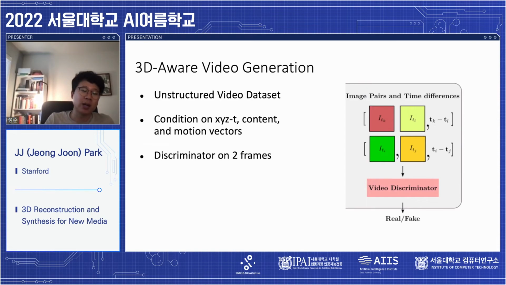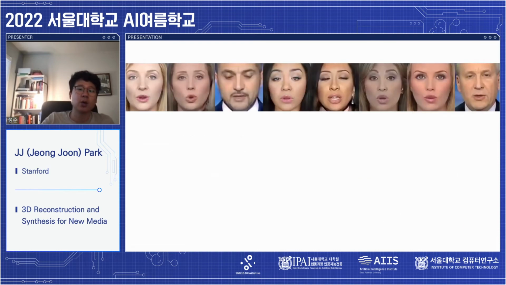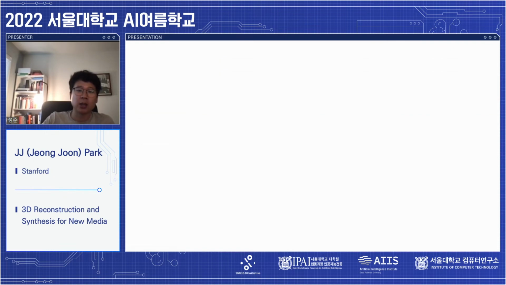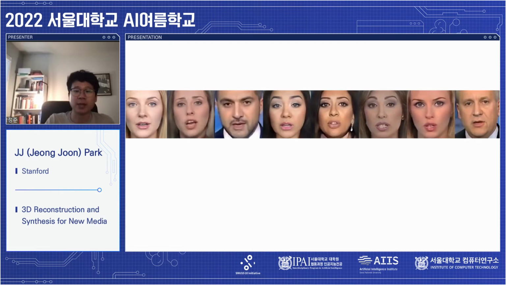So with these 3 changes, we're able to learn a 4D GAN model, which is able to sample a random 3D content that has movements in it. And because it's 4D GAN, you can rotate it around, for example, and see the faces from various camera viewpoints and the various time steps.